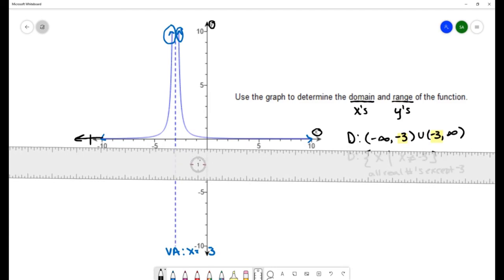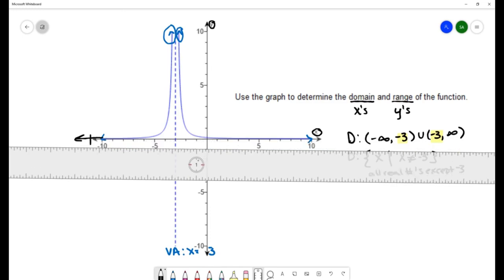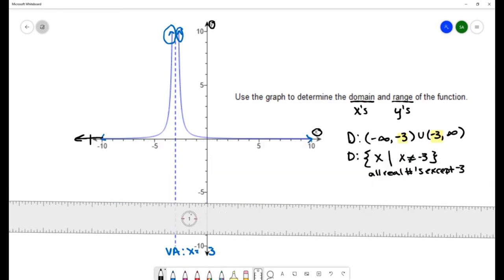It's not until we get to this spot right here, and it's not really labeled on our picture, but I can tell by how the graph is drawn. On this portion of the graph, x is approaching negative infinity and y is approaching 0. And on this portion of the graph, x is approaching infinity and y is approaching 0.